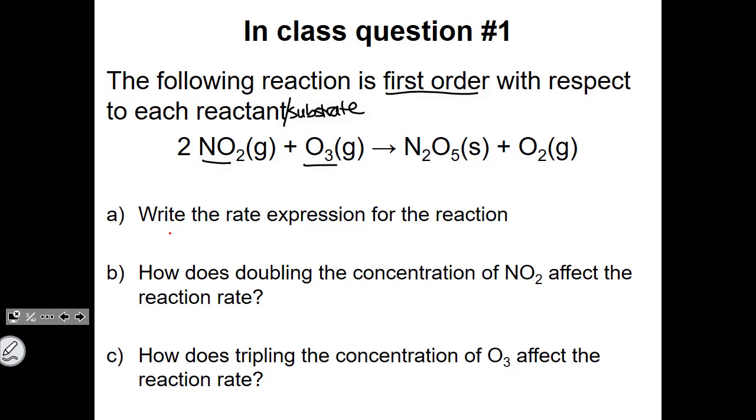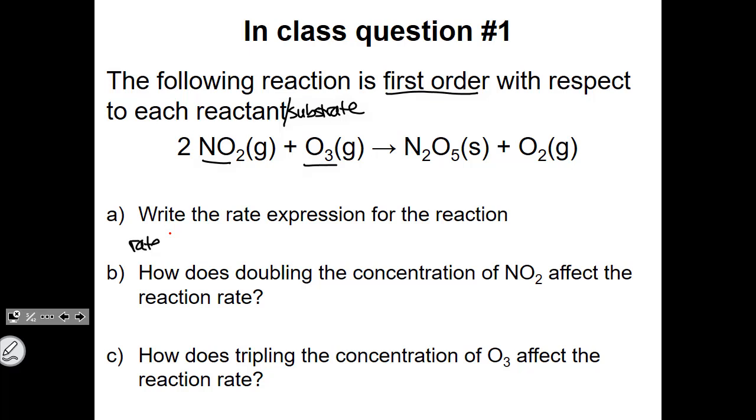And I tell you it's first order. Again, we cannot look at the amount of reactants in the balanced equation to tell us whether it's first order or not. But I ask you to write the rate expression for this chemical reaction, all right? With respect to each reactant.